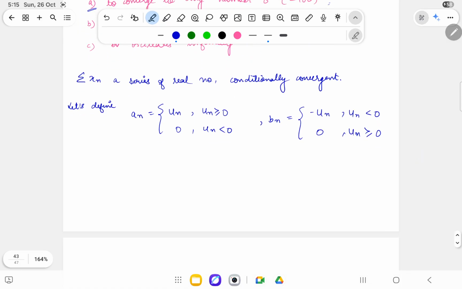For example, let me take a simple example to show how we define this series. Let's take my series xn as minus 1 raised to n by n. This is a conditionally convergent series.